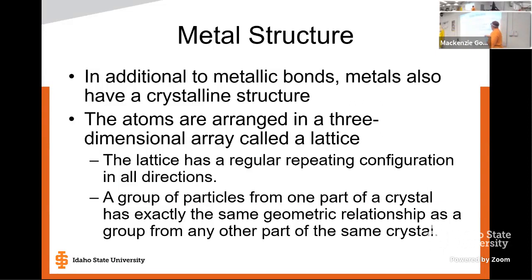A group of particles from one part of a crystal has exactly the same geometric relationship as a group from any other part of the same crystal. So once you understand the structure, it's going to be uniform across the whole metal. And there are some ways that we can manipulate this.